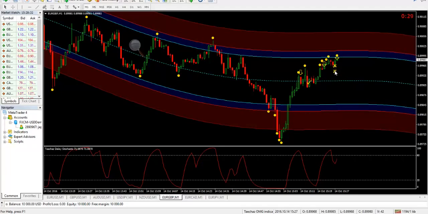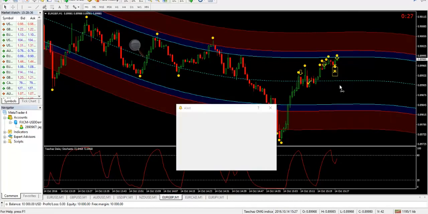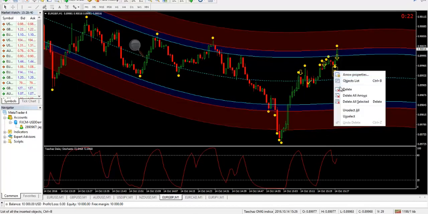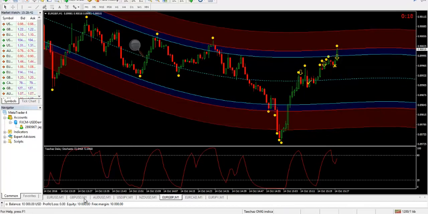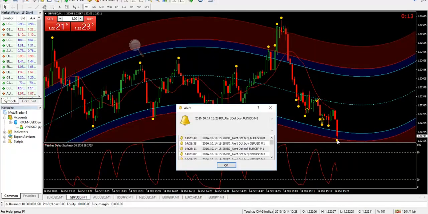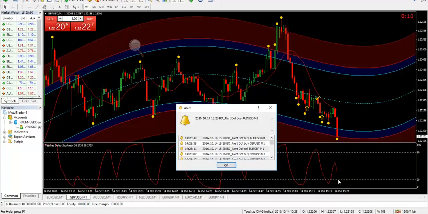This was a losing trade. So again, I'm getting another signal here, and it's touching the red zone, but here it didn't cross yet, so I can wait for it. I'm sure it's still going to come.